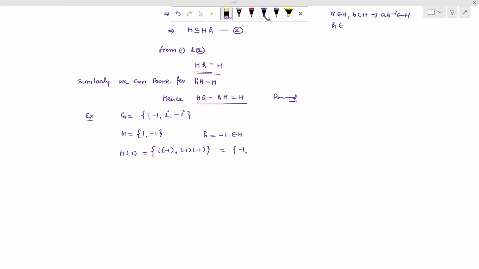So this gives us {-1, 1}, which is also H. So we can write the right coset of -1 is equal to H. Similarly, you can solve for the left coset.